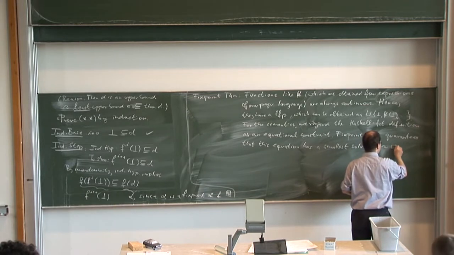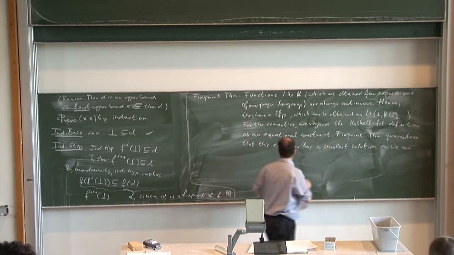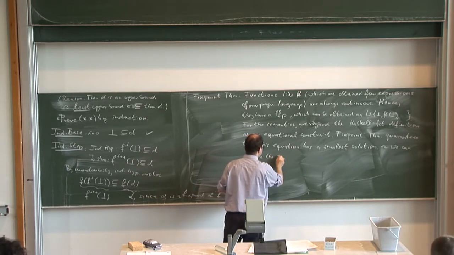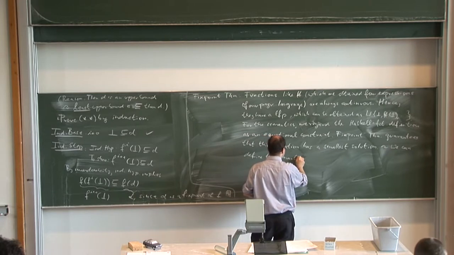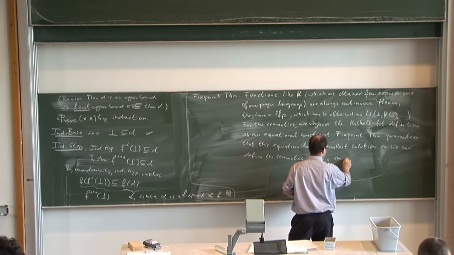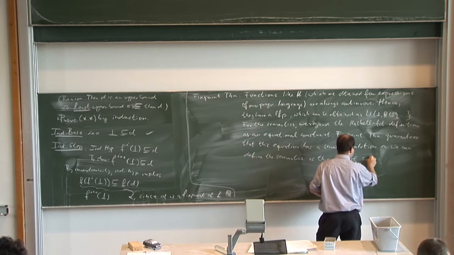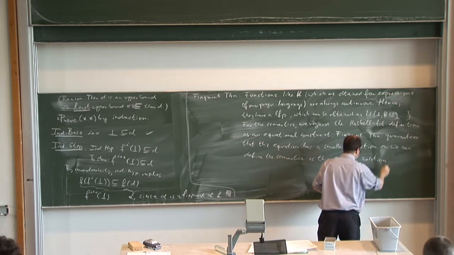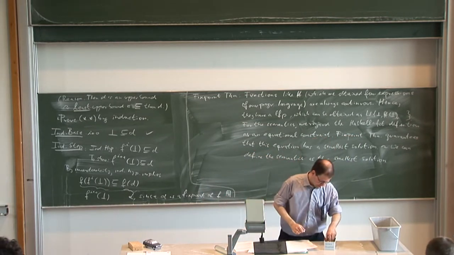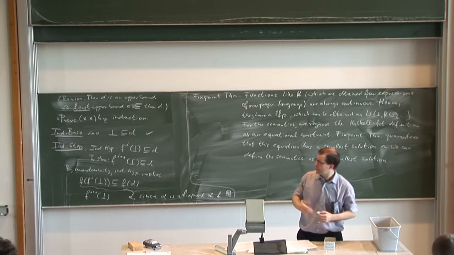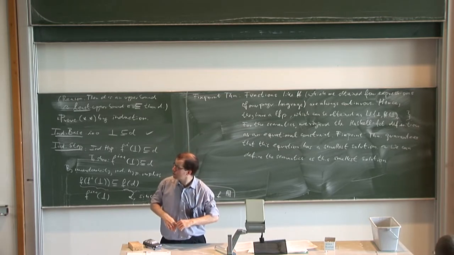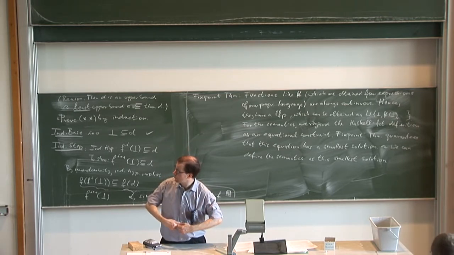So therefore, we can define the semantics as this smallest solution. So the fixed point theorem is the main justification why we can define denotational semantics in this way, why we can say the semantics of a recursively defined function is the least fixed point of the corresponding higher order function.